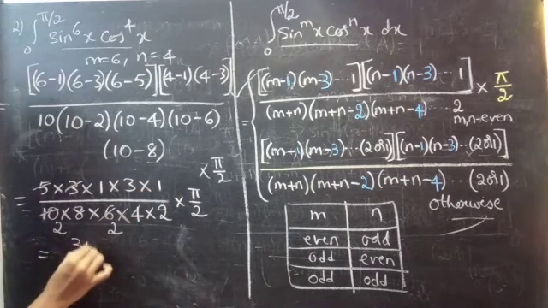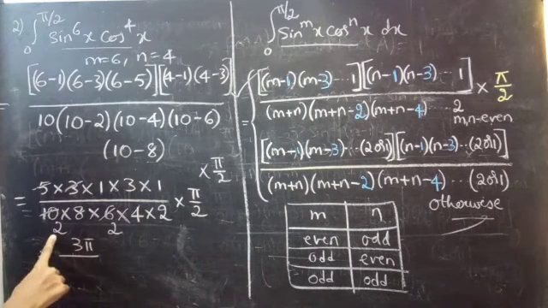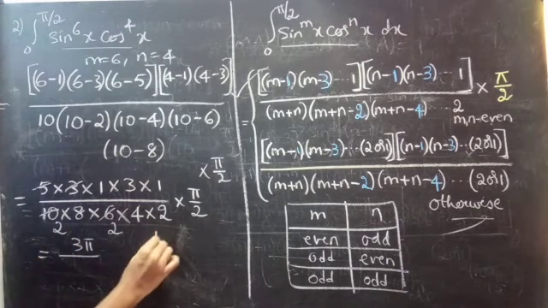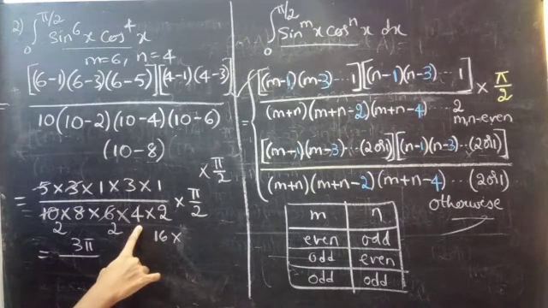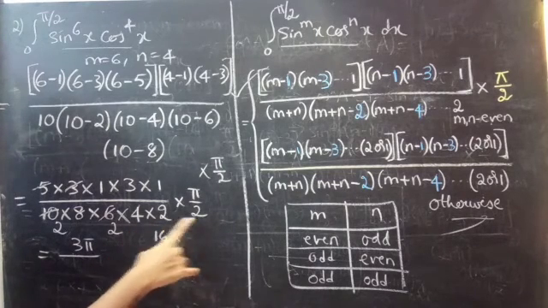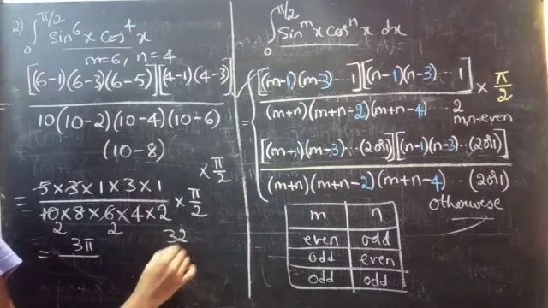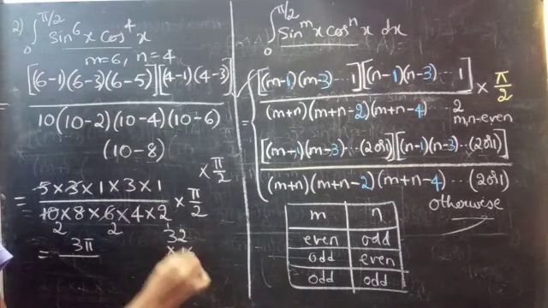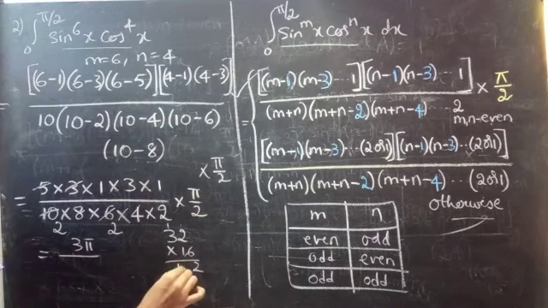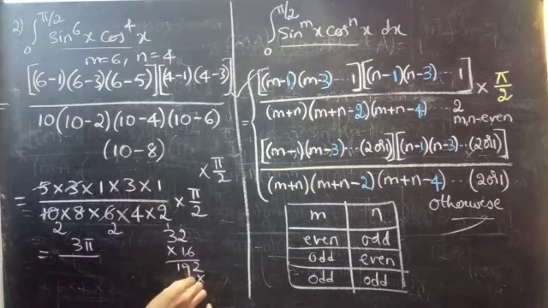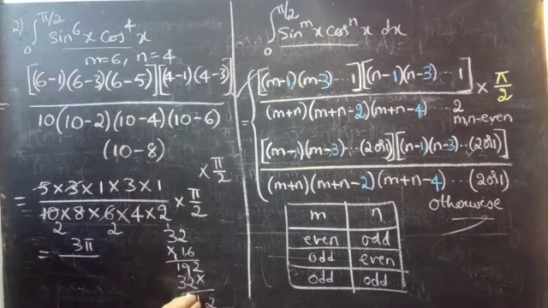3 into pi is 3 pi divided by, in the denominator you'll have 2 8s are 16 into 2 4s are 8, 8 2s are 16, 16 2s 32. 32 into 16. 6 2s are 12, 6 3s are 18, 18 plus 1 19, 1 2s are 2, 1 3s are 3, 2 9 plus 1, 11, so 1 plus 1 plus 3 is 5.